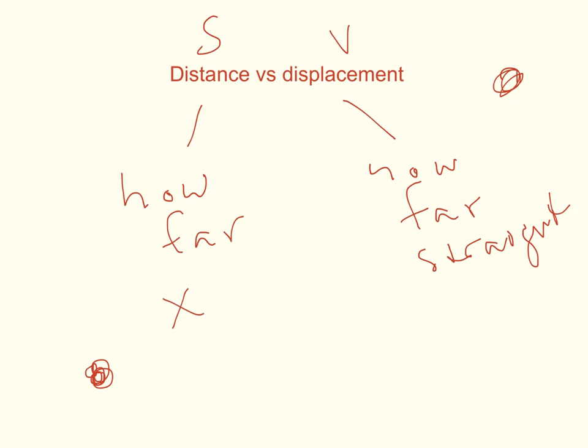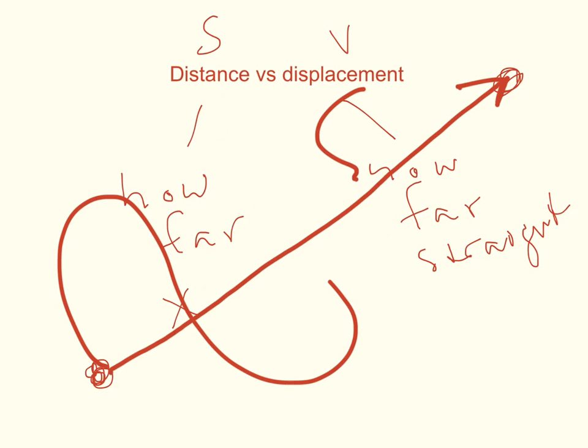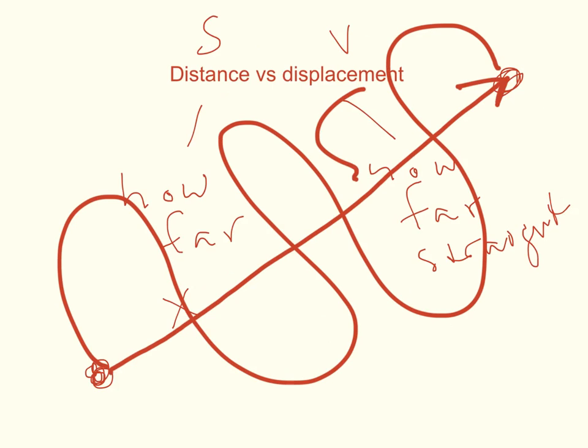The distance would simply be how far I actually travel, where the displacement is going to be a straight line from where you start to where you finish. We also put an arrow on it to indicate direction. So that's going to be displacement. Distance would be all of this. And that would be distance.